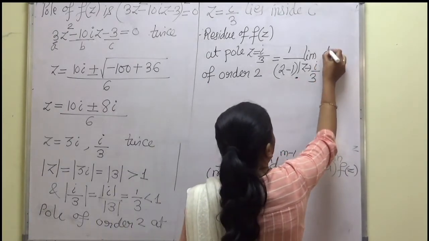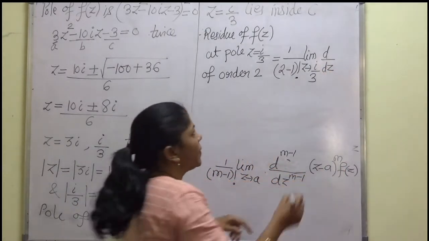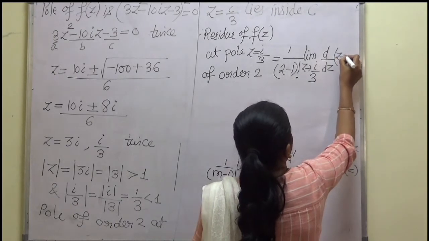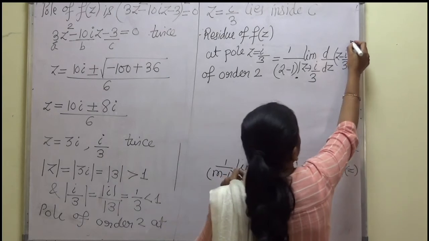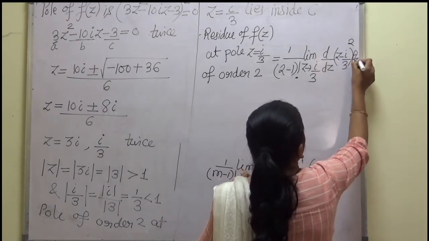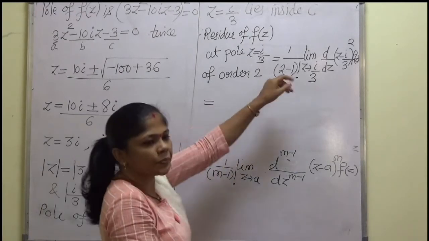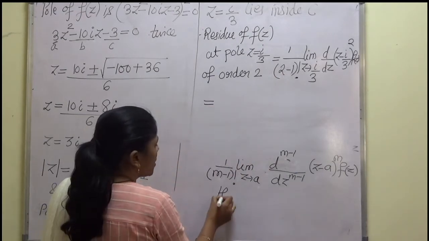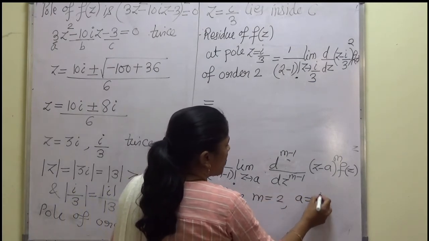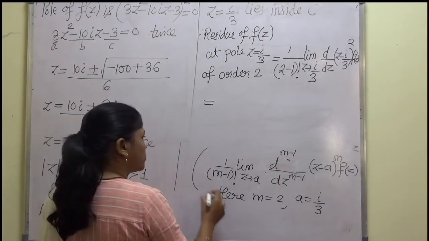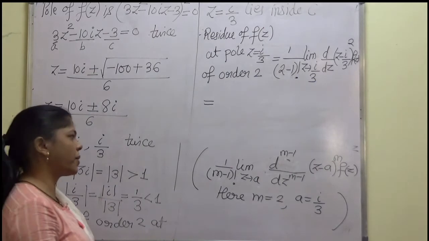So what we have is d by dz of z minus a, that is z minus i by 3, raised to m, m is 2, into f of z. Substitute f of z. This is the formula we are applying here.